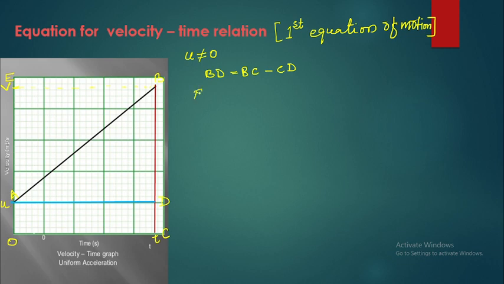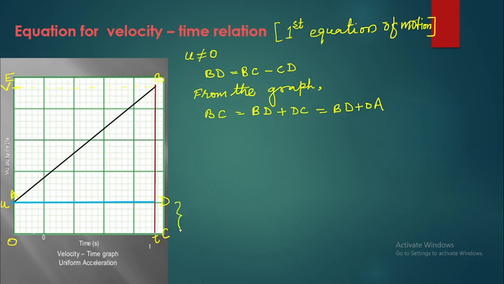From the graph, we observe that BC is equal to BD plus DC. This is equal to BD plus OA, because DC is equal to OA.